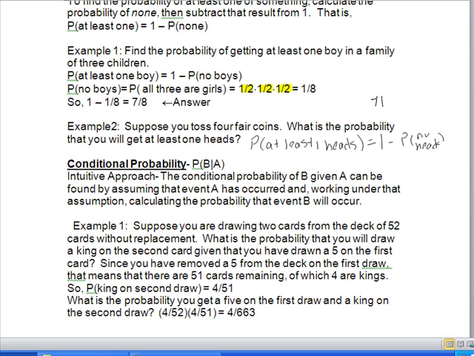That means that we have to get tails, tails, tails, tails. No head means all tails. And the probability of getting tails on the first toss is 1/2, on the second 1/2, on the third 1/2, and on the fourth 1/2. So we get 1/16. 2 times 2 is 4, times 2 is 8, times 2 is 16. So 1 minus 1/16. Remember that 1 is 16/16. So we're subtracting 1/16 from 16/16. We get 15/16.